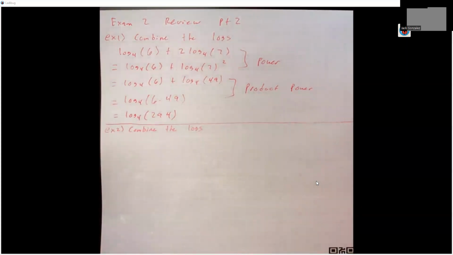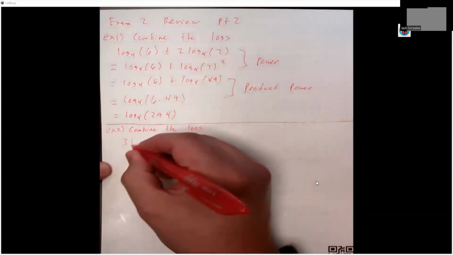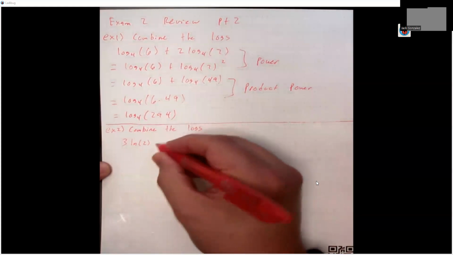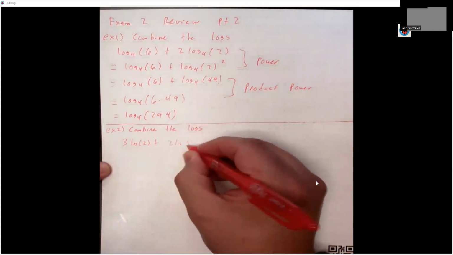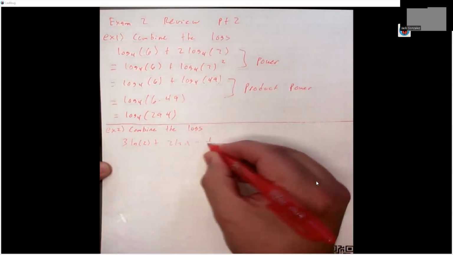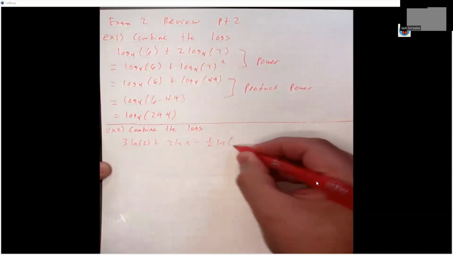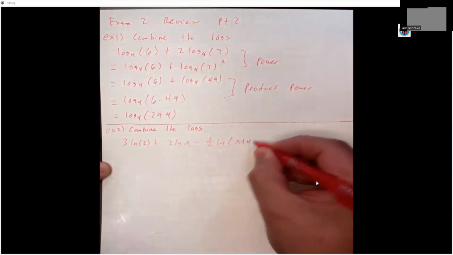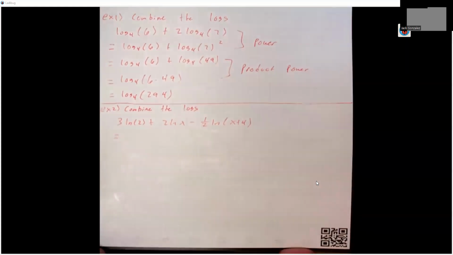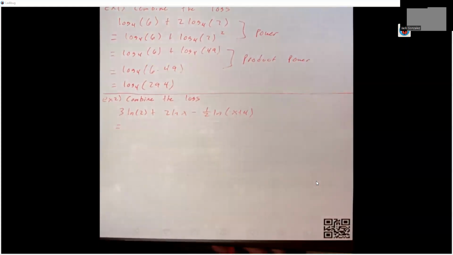All right, let's do another one, this time with a bunch of variables. 3 ln 2 plus 2 ln x minus 1/2 ln (x plus 4). So first thing, I bring the powers up.